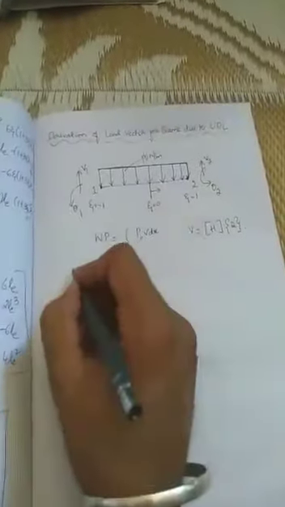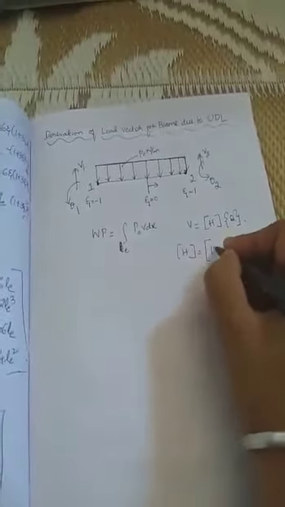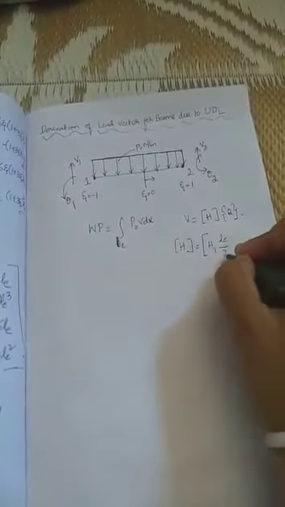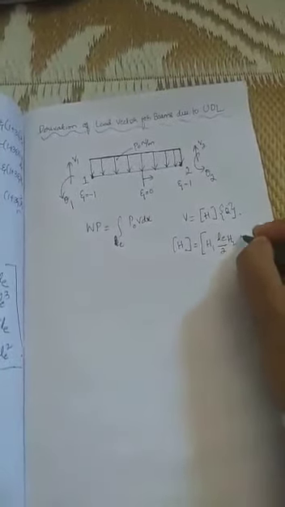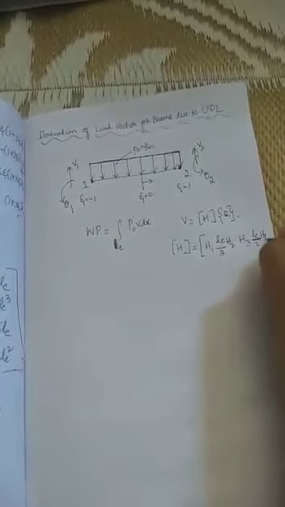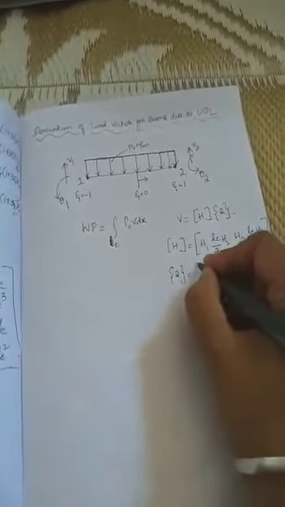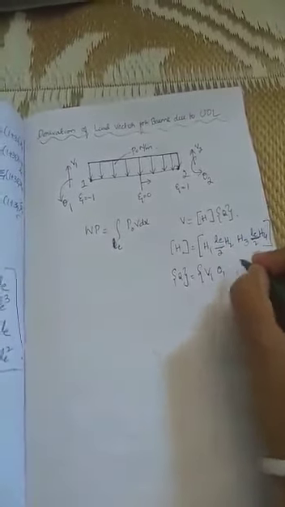We know what the H value is: H is equal to [H1, LE by 2 H2, H3, LE by 2 H4], and Q is [V1, theta 1, V2, theta 2] transpose.